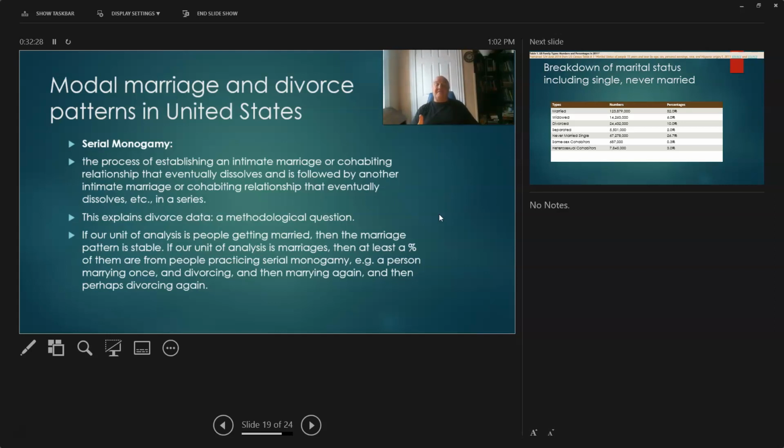That is, a person marrying once and divorcing and then marrying again, and getting divorced is a great predictor of getting divorced again. I know you probably know someone who's been divorced and remarried and their marriage has been stable. Yes, but we can't read anecdotal evidence or exceptions to patterns into what we're looking at.